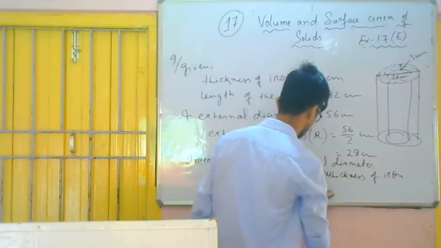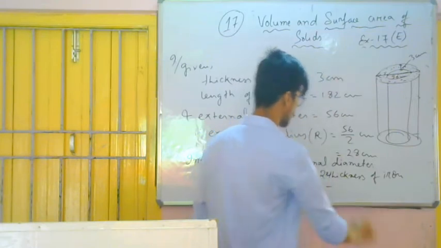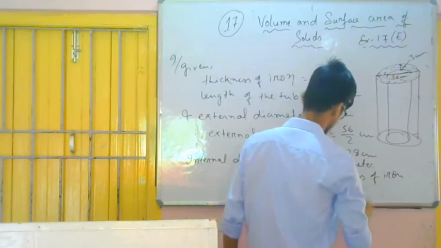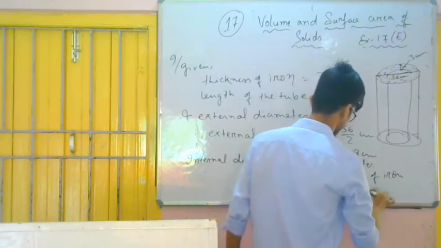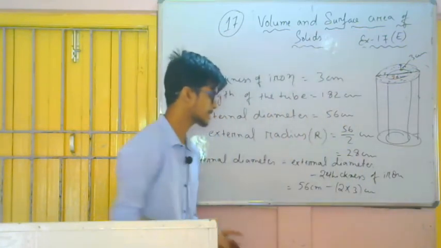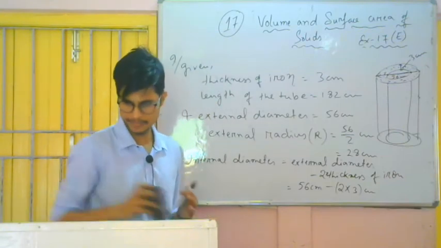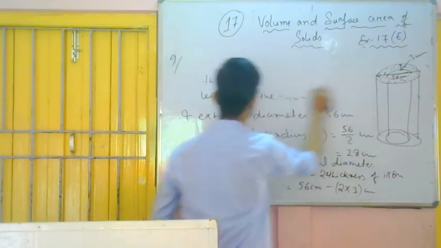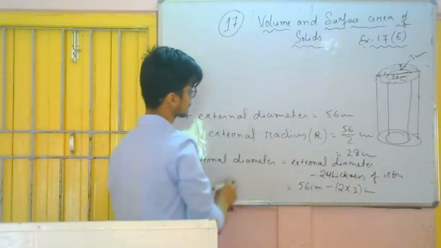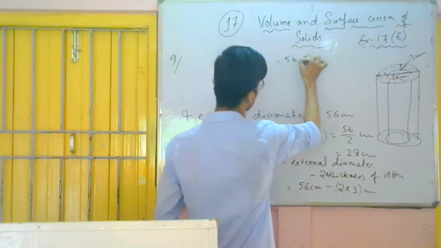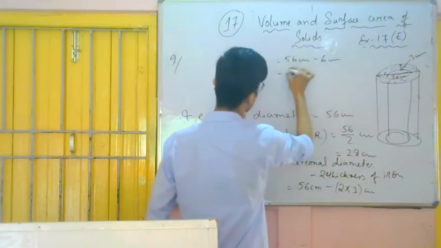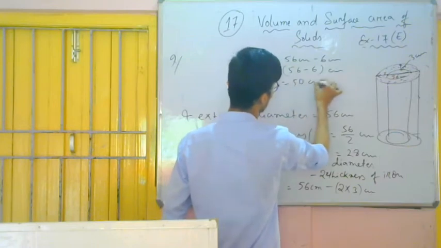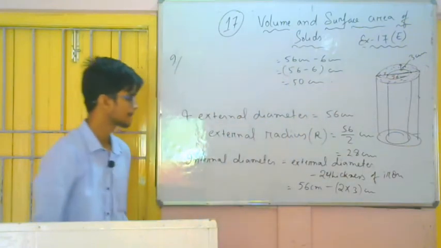External diameter is 56 centimeter minus 2 into 3 centimeter. 2 3s are 6, 56 centimeter minus 6 centimeter, it will be 50 centimeter. So this is the internal diameter.